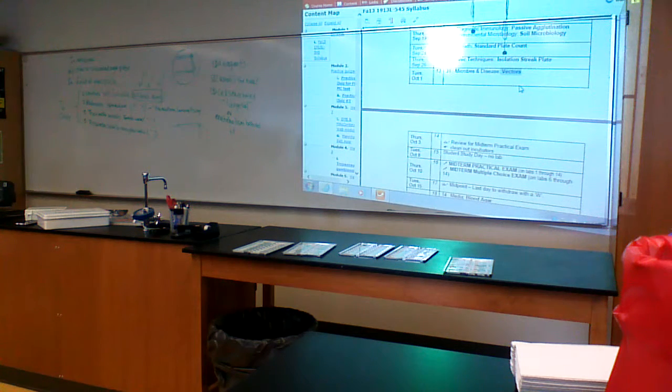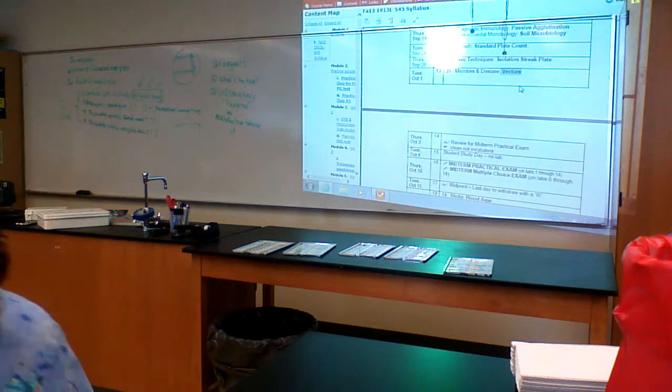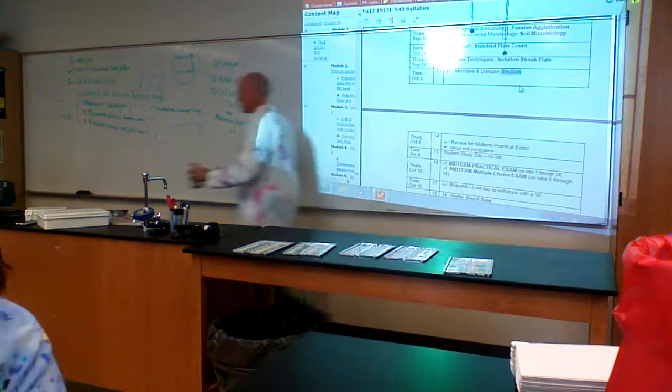So let me actually close that loop. I can show you the purpose of an isolation streak plate. I had that bacteria on the insects.